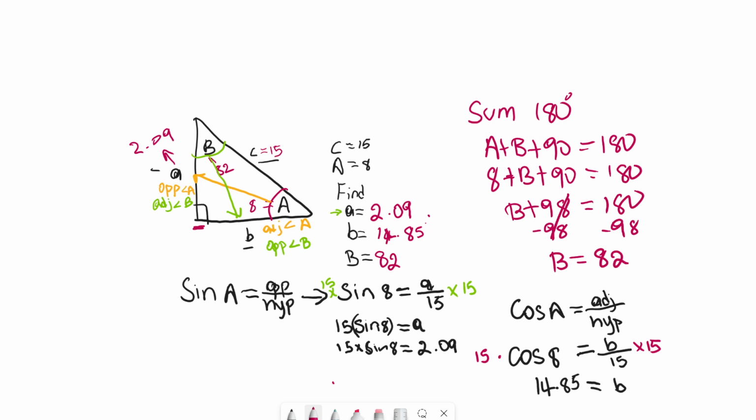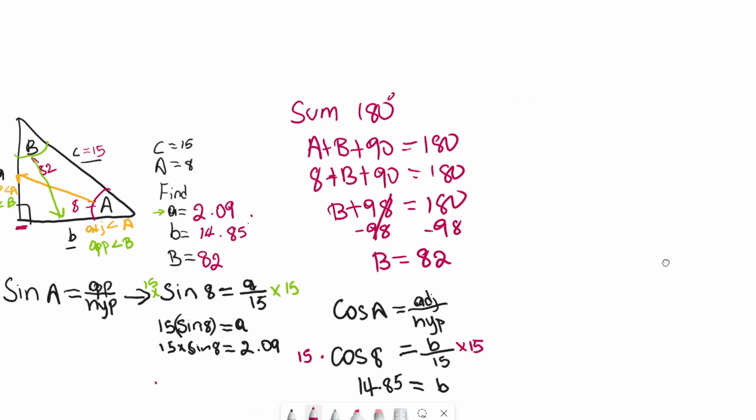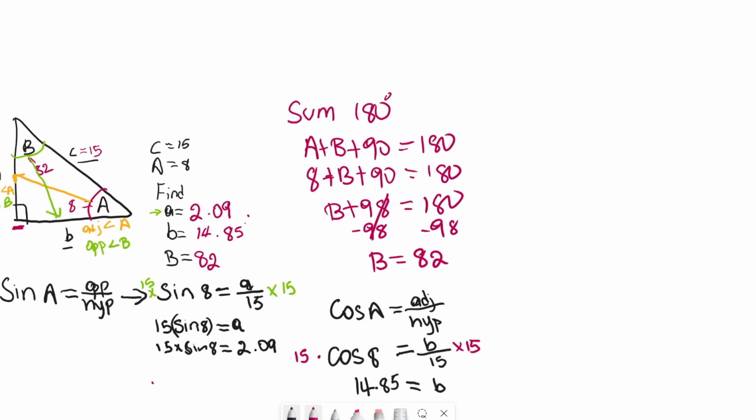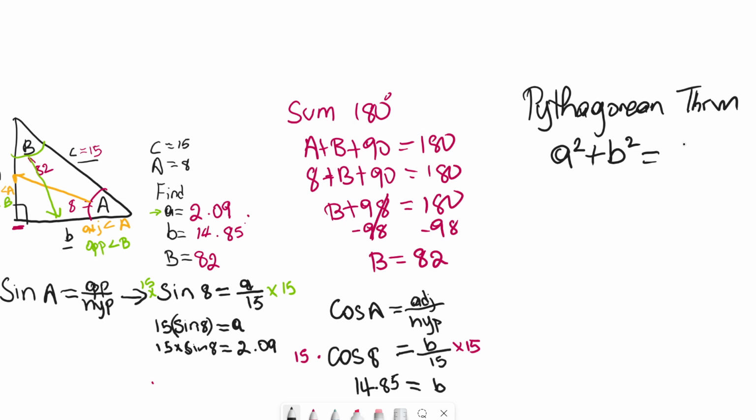Now, let's say you wanted to use the Pythagorean theorem. Do we remember what that is? Okay, so this means that A squared plus B squared should be equal to C squared, right?